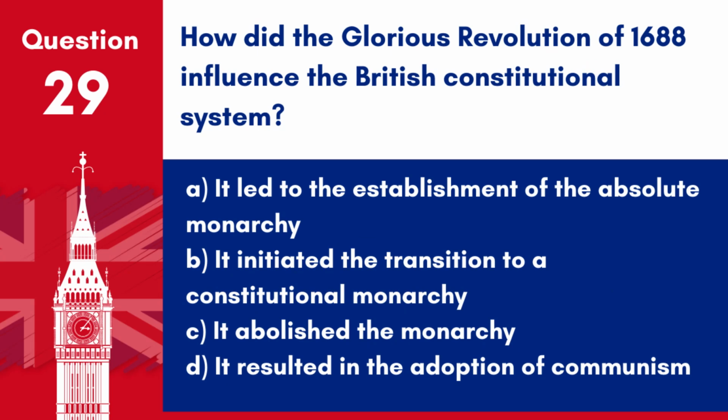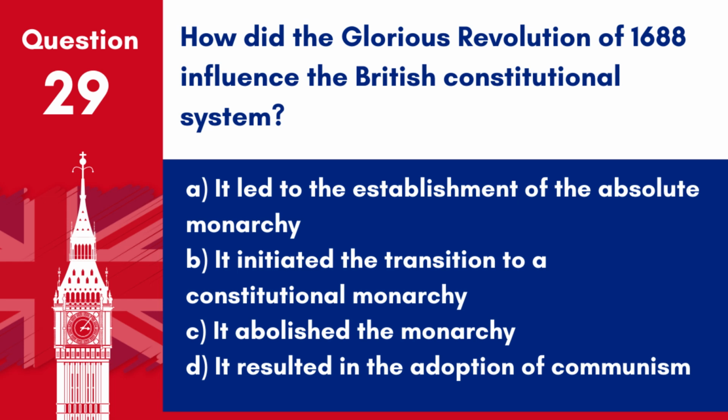Question 29. How did the Glorious Revolution of 1688 influence the British constitutional system? A. It led to the establishment of the absolute monarchy. B. It initiated the transition to a constitutional monarchy. C. It abolished the monarchy.